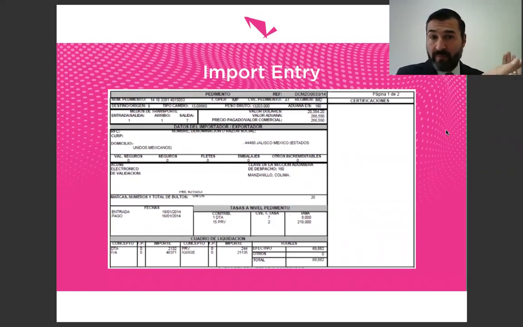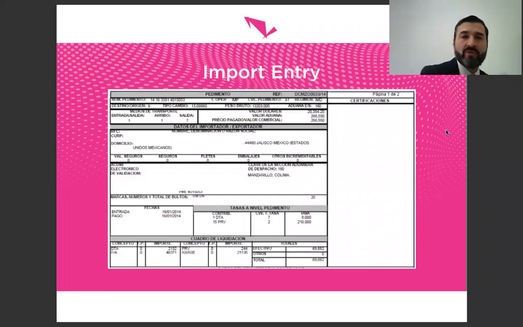Also super important, because at this point in time, cannabis products, derivatives, medicines, whatever, are treated as a regular object. They are treated like my iPhone or a pair of glasses. We have to comply with the same requirements that all goods must comply with when importing into Mexico.